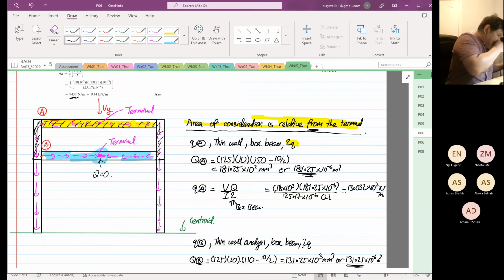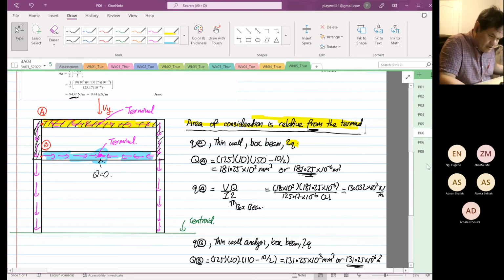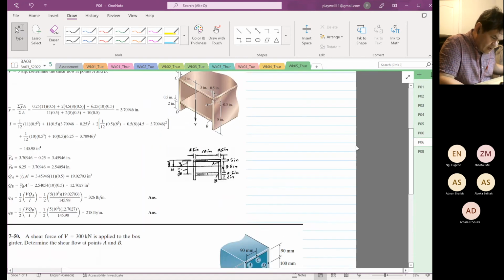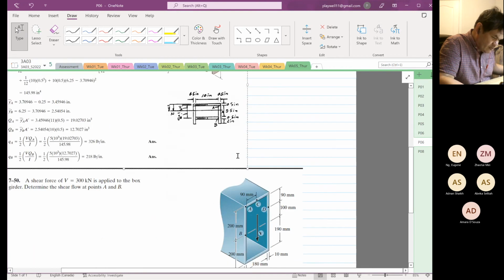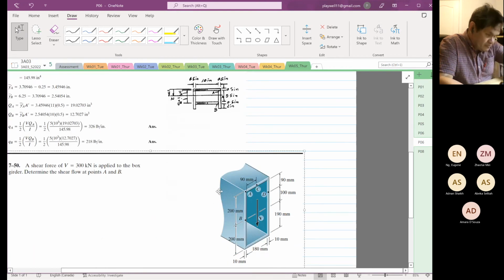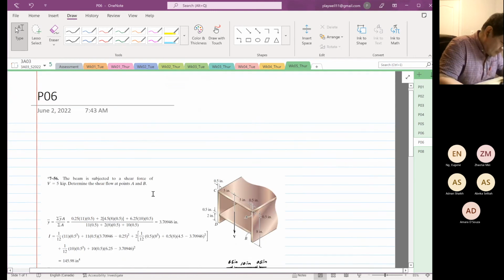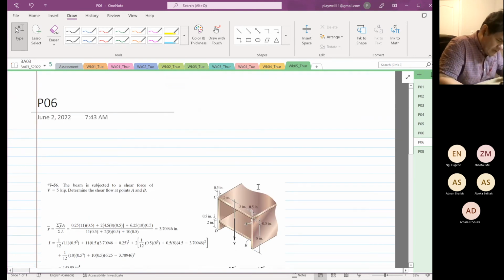What I'm going to do now, I will see if there is another one. This one is also very interesting, same concept though. I want you to have that confidence. The confidence is very important.